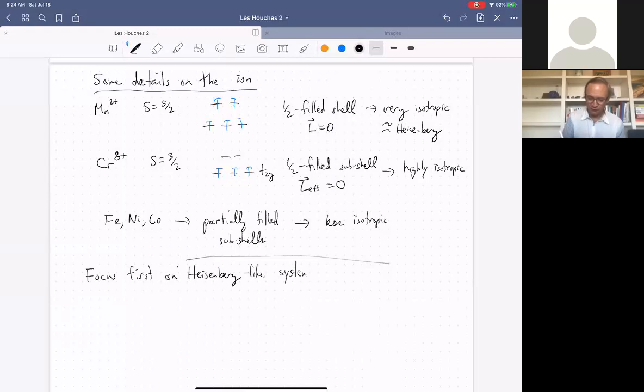And we'll consider effects of some weak anisotropy. So you may want to be thinking of MnPS3.